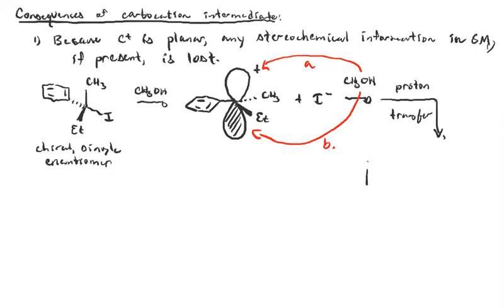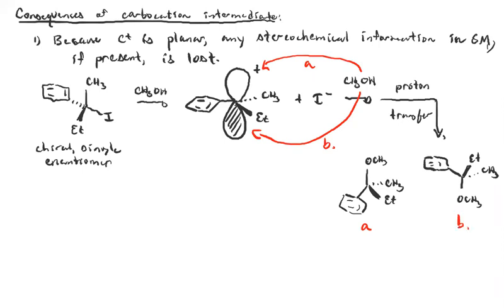And so we would have this structure here, and this derives from path A, and then the alternate structure deriving from path B. If you can't see it, I would encourage you to convince yourself that these are in fact enantiomers of each other, okay?